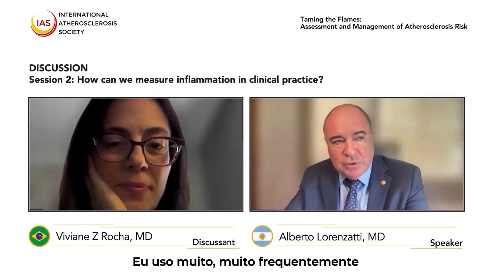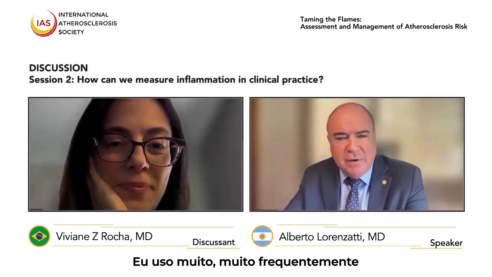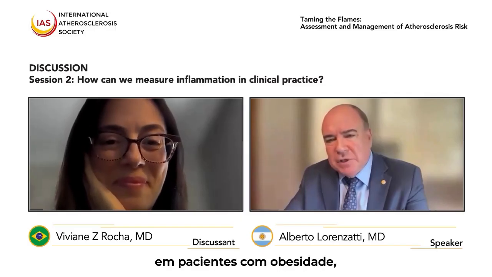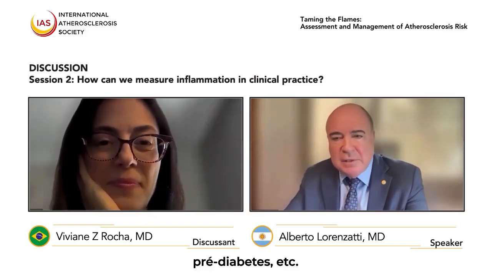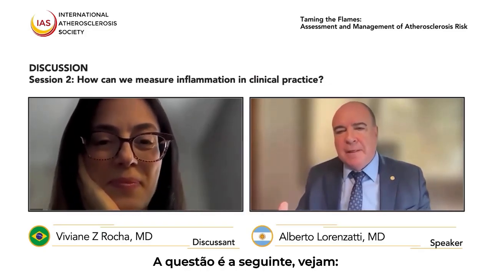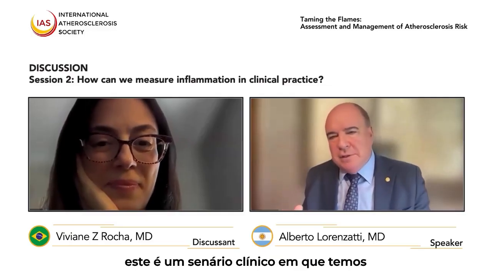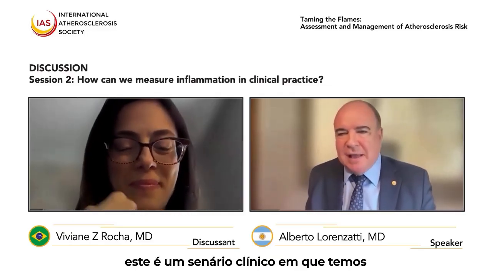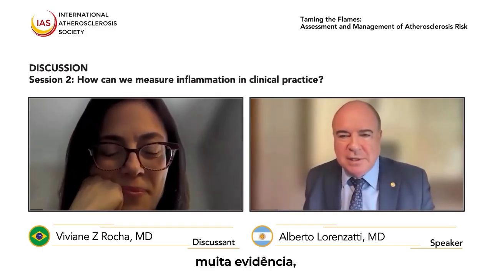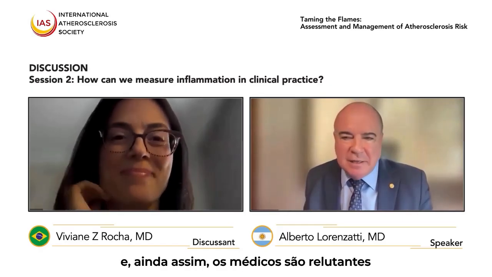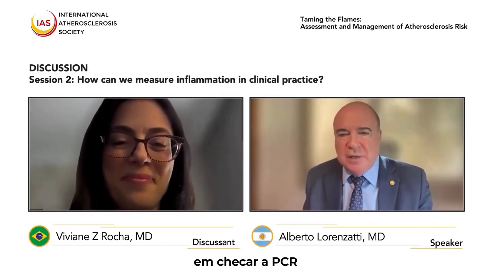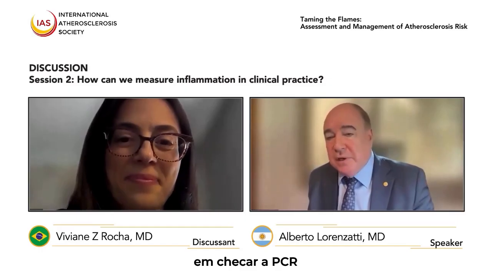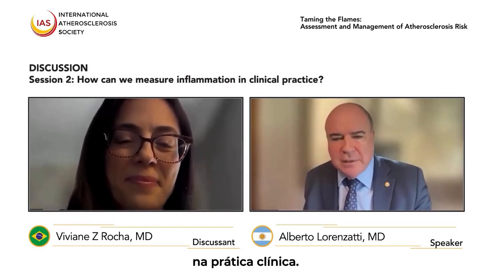I use it very, very often in patients with obesity, diabetes, pre-diabetes, etc. The thing is that, look, this is a case where we have tons, literally tons of evidence, and still doctors are reluctant to indicate the determination of CRP in clinical practice.